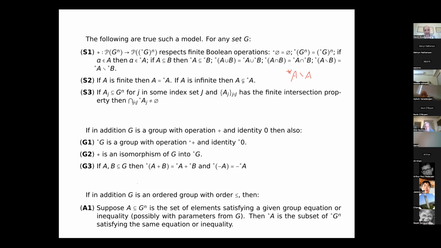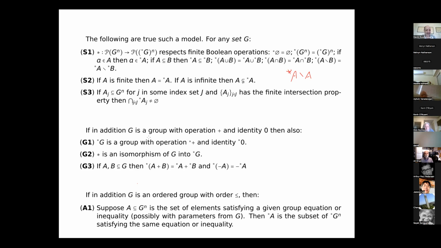But internally, the internal non-standard mathematician also sees star G as a group. It's closed under finite addition: if you have finitely many elements A1 through AN, then A1 plus A2 up to AN is in the group. But it satisfies more.